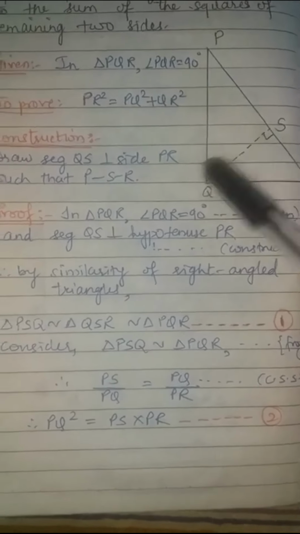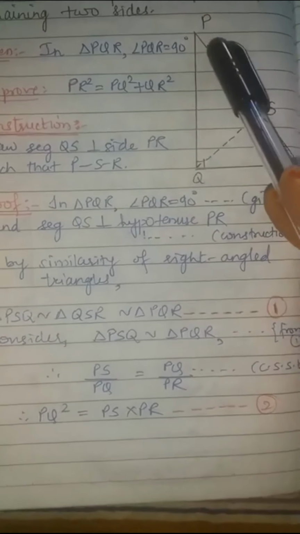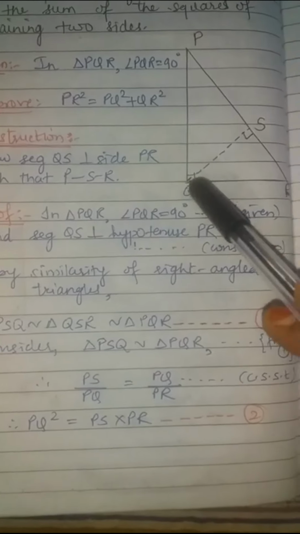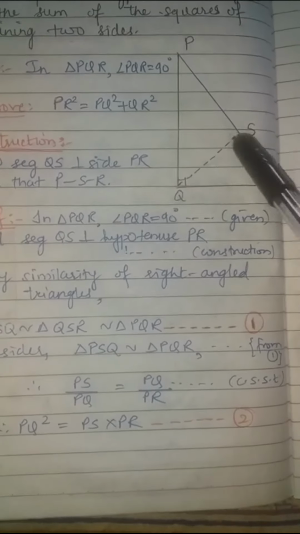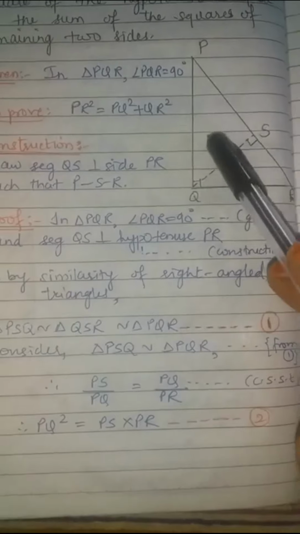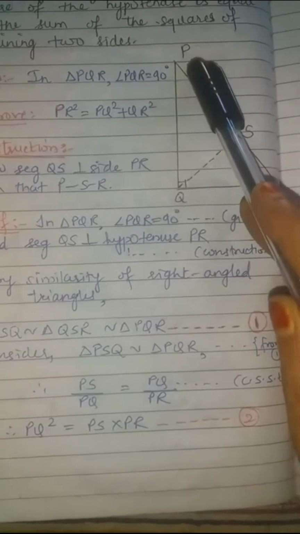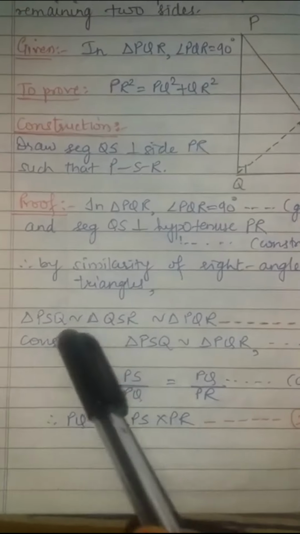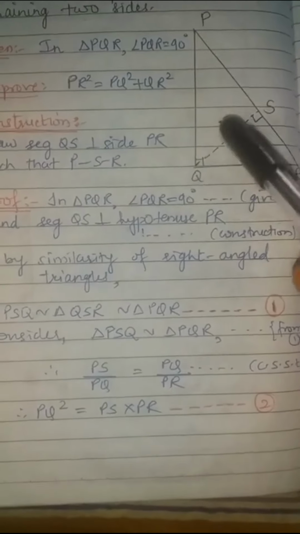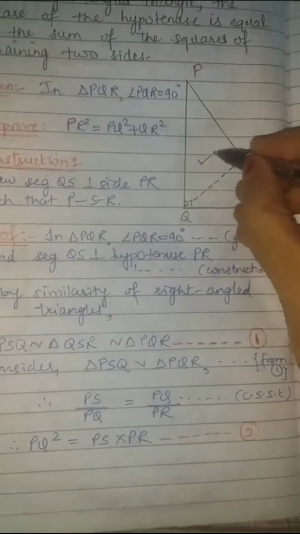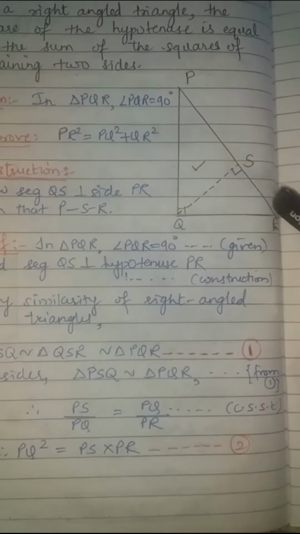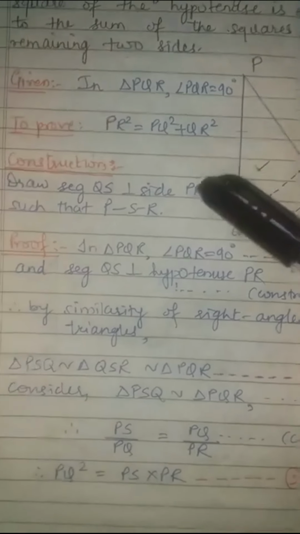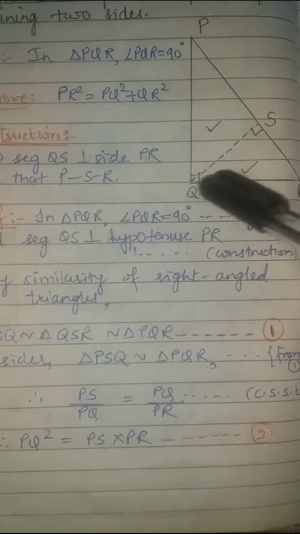So triangle PSQ will be similar to triangle QSR, and both these right angled triangles will be similar to the original bigger right angled triangle, that is triangle PQR.